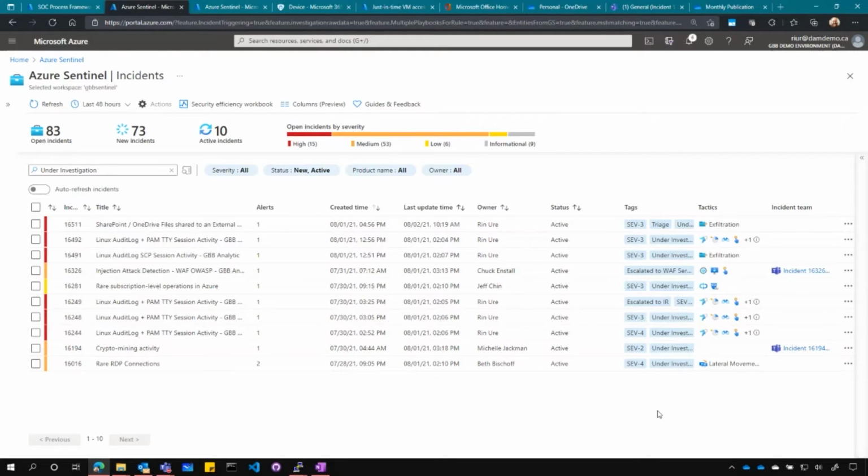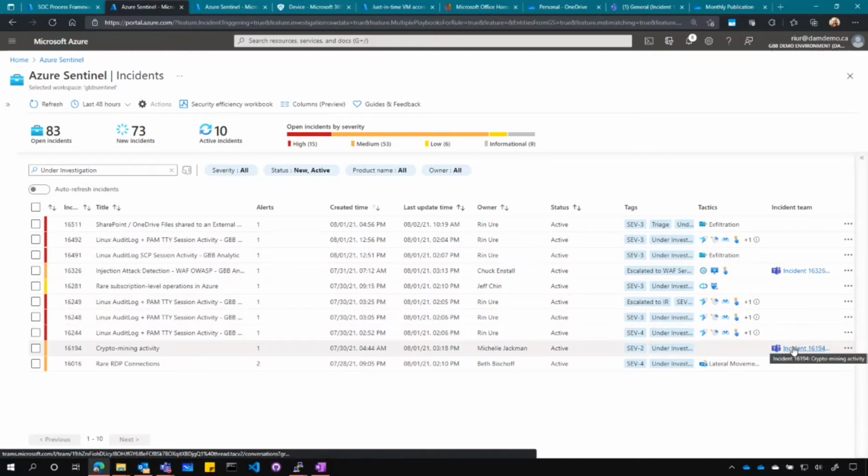And because Sentinel gives you a rich integration with Microsoft Teams, we now have the capability to spin up a war room and provide an incident team, so that you can see which of these is in a war room, where I may have additional incident responders or external members of the organization providing richer context to the assets, the service, or the identity that may be compromised that I'm working on.